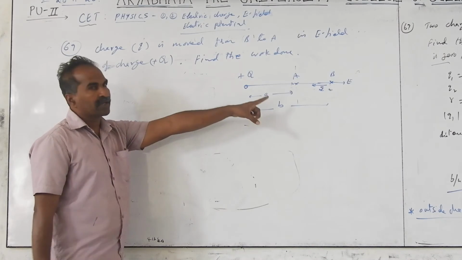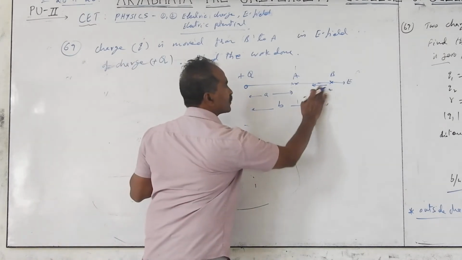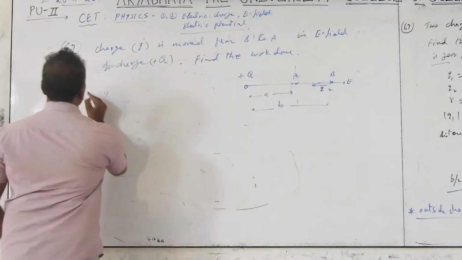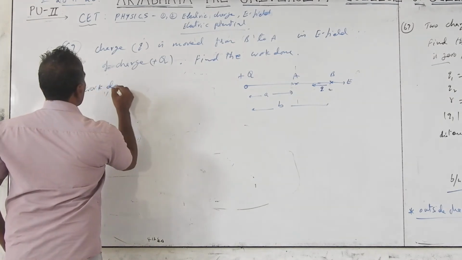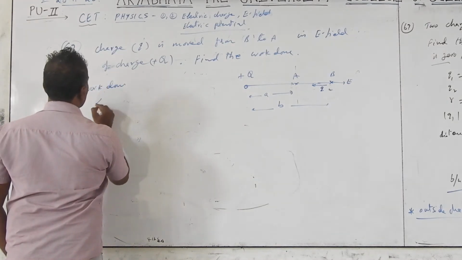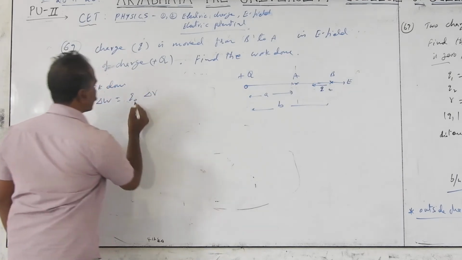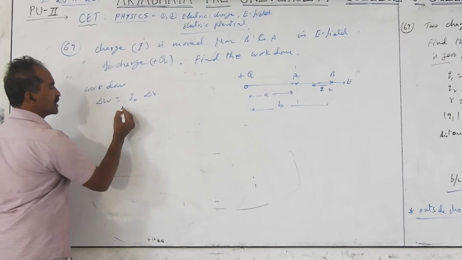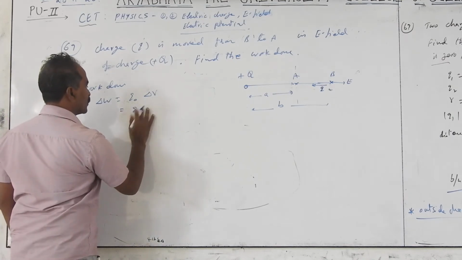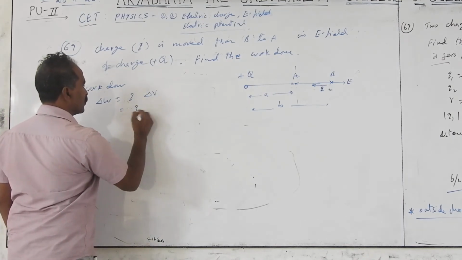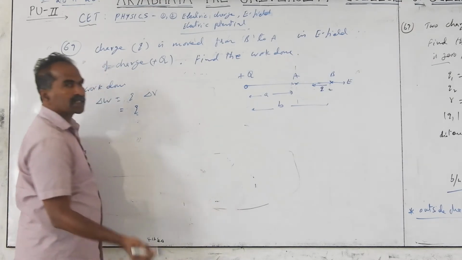Instead of Q naught, if given the symbol q, that charge symbol only you have to take. So dW is Q naught into final potential minus initial potential.